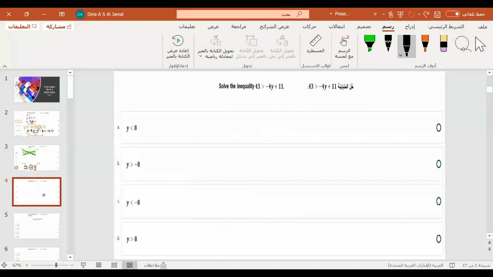He would like you to solve the inequality. And remember, solving the inequality, if you are having a negative sign, will be changing the sign of the inequality. So let's solve it as given. So 43 bigger than minus 4y plus 11. So I would like to solve for y.